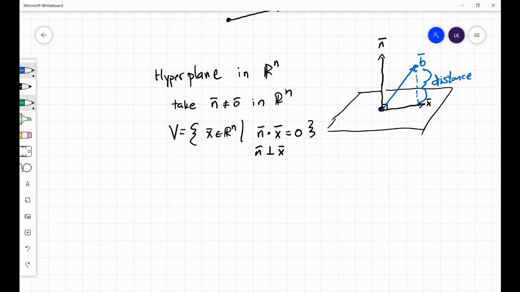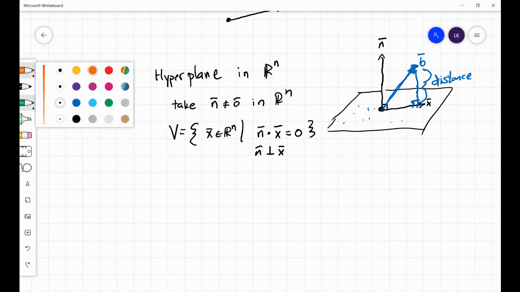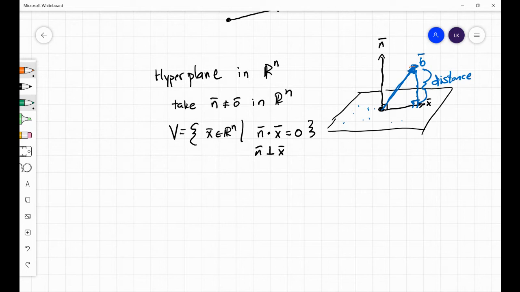Okay. So it's the perpendicular distance, the shortest distance, right? I mean, there are many distances from point B to points in the plane, but we want the shortest distance, so the perpendicular distance, so orthogonal distance. So we can think of this in terms of projection of one vector onto another. Okay, so we can think of projecting vector B onto this normal vector.